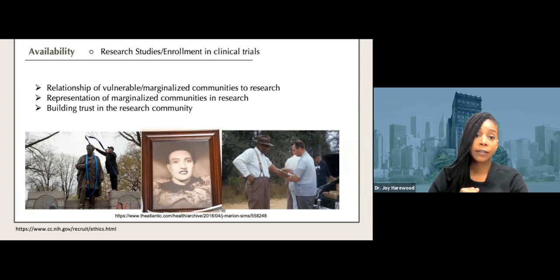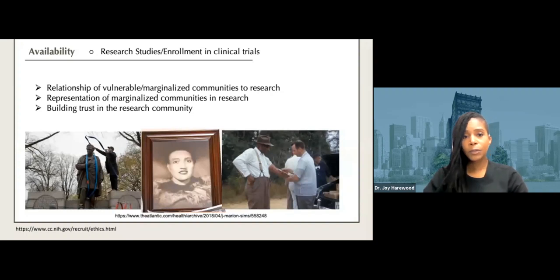At the time when it started, there was no cure for this disease. And they were told that they were being treated for something called bad blood and that they were in this study being treated for this. But it was really an observational study to see the manifestations, or how late-stage syphilis looked on a person.